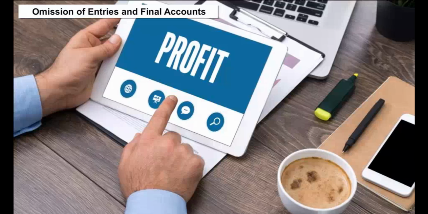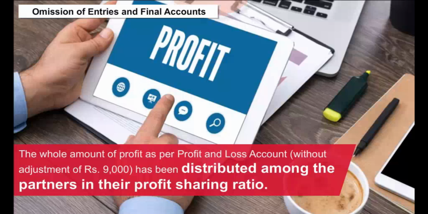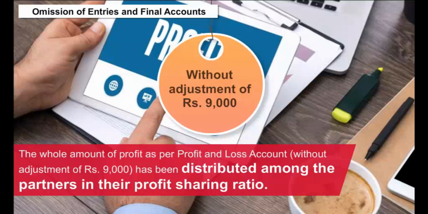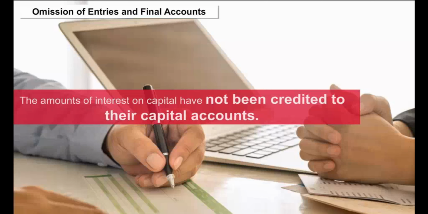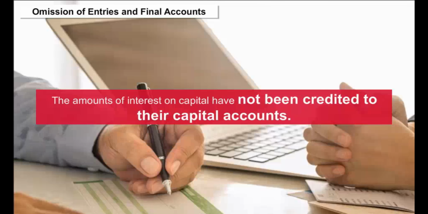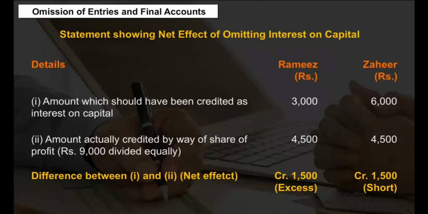By this omission, the whole amount of profit as per profit and loss account, without adjustment of rupees 9,000, has been distributed among the partners in their profit sharing ratio, and the amounts of interest on capital have not been credited to their capital accounts. This error can be rectified in any of the following ways.